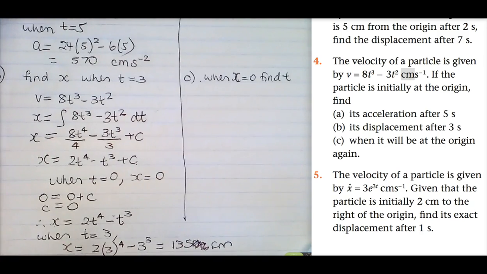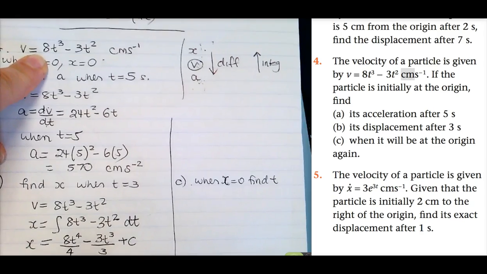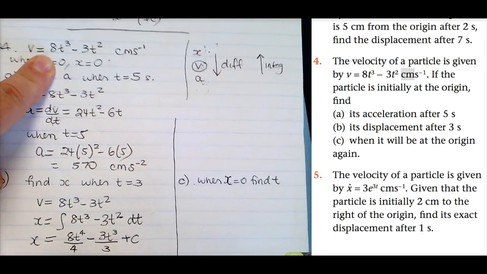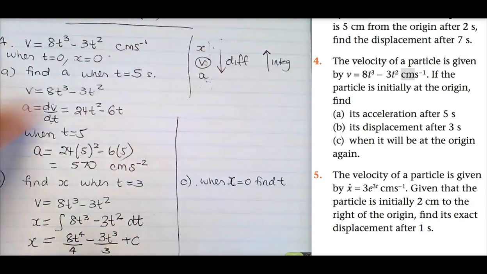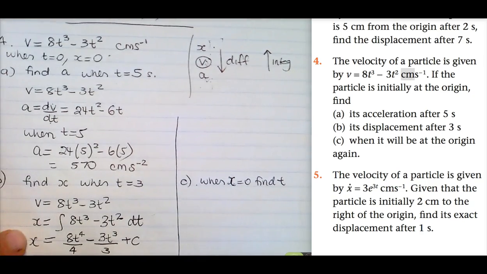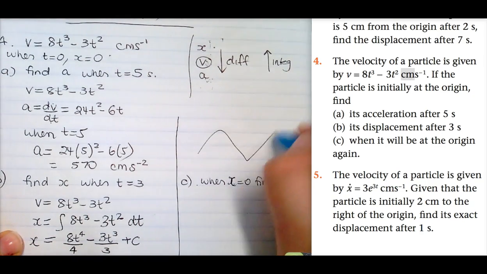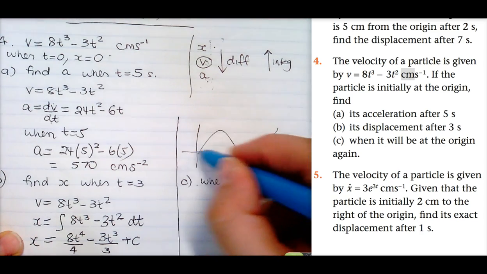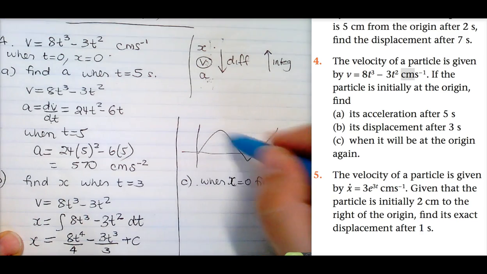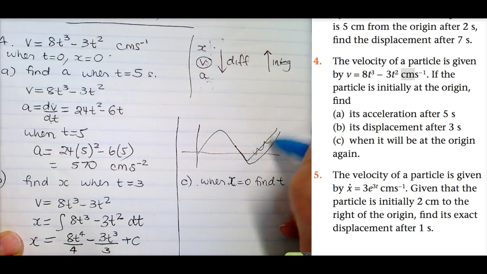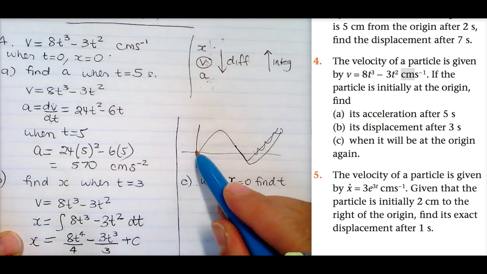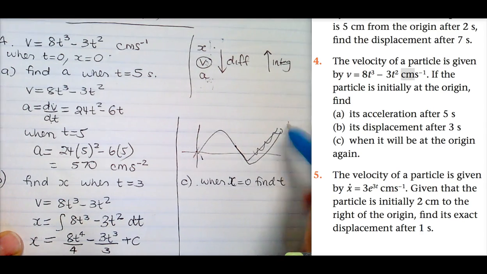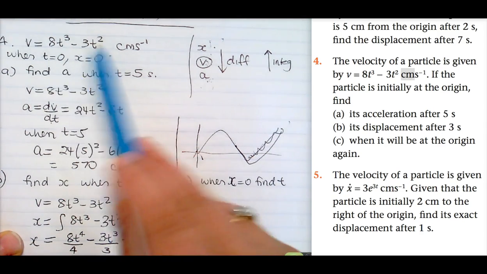You know why? Because it's actually a cubic. Positive or negative cubic? Positive. So it's going to cut through, it looks like this. When t is 0, x was 0, it's going to go like this until I factorize it.